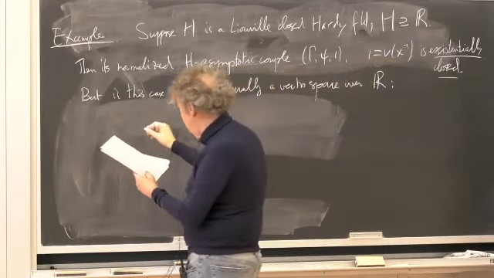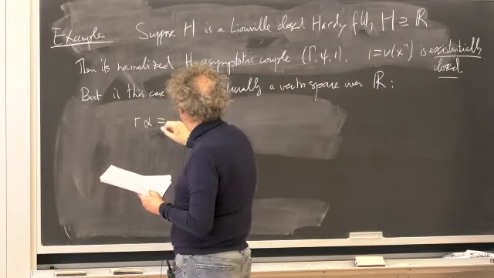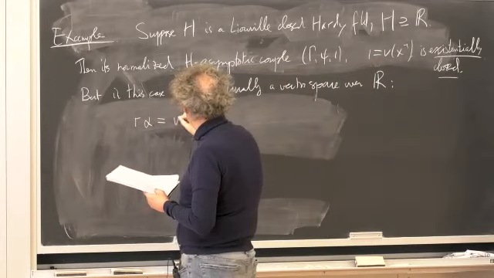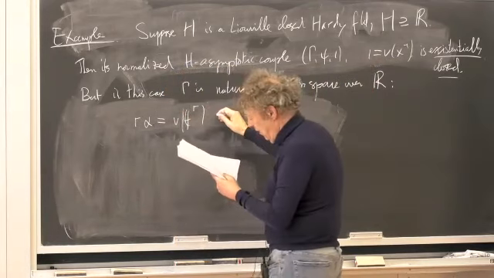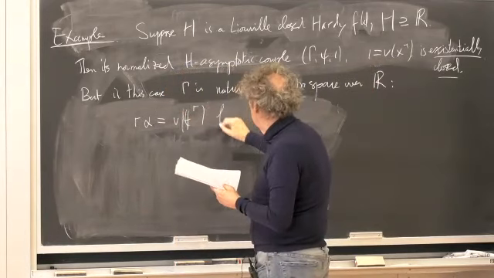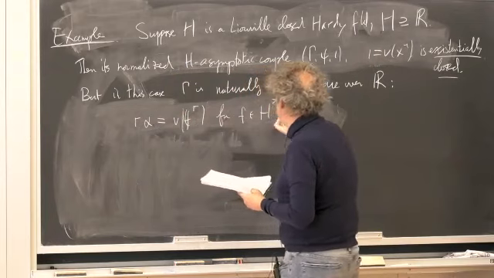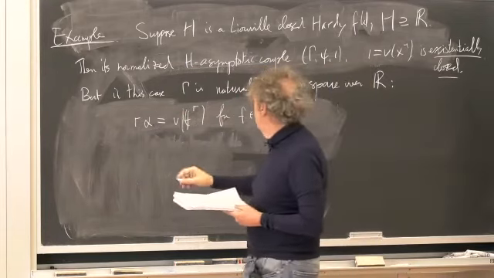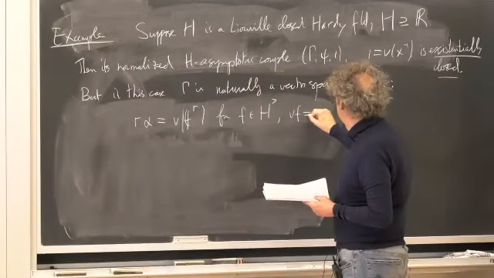Well, we simply say r alpha is the valuation of f to the power r, where, let's say, f is in H positive and r is a real number, and the valuation of f equals alpha.